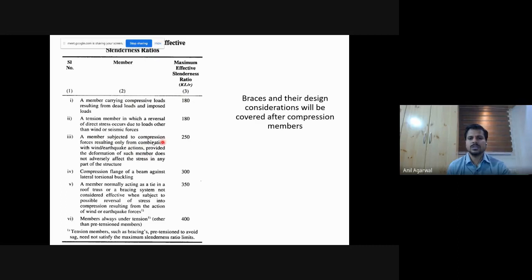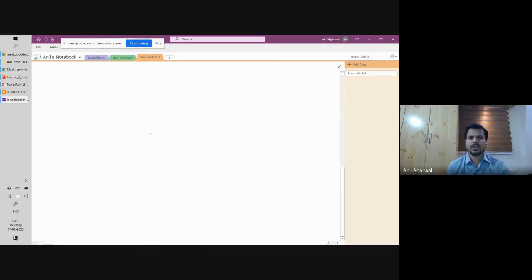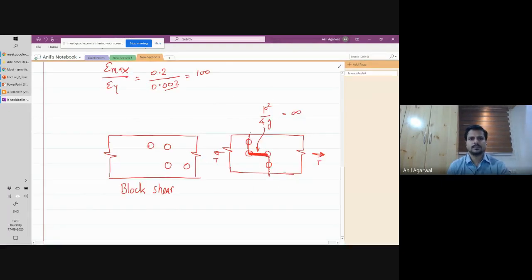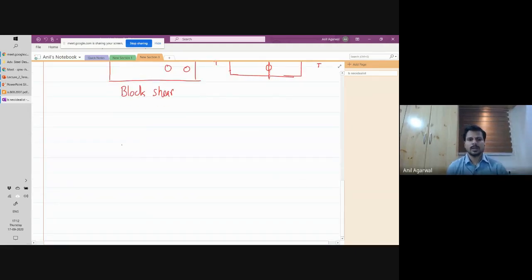Where could you have this kind of a situation? If you have a roof truss, for example, if I have a poorly drawn roof truss, okay.